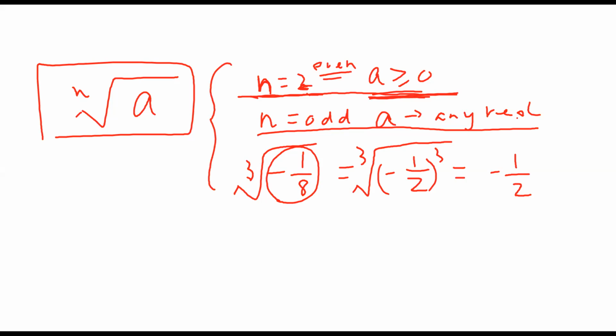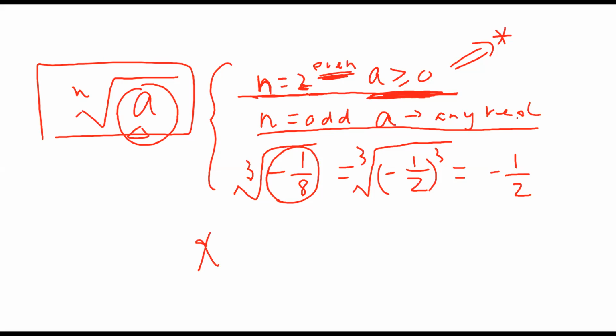This is the most important thing you need to keep in mind when we solve a lot of equations. When it is a square root, or maybe n is 4 or 6 or 8, the inside of the radical should be greater than 0. That's the definition.